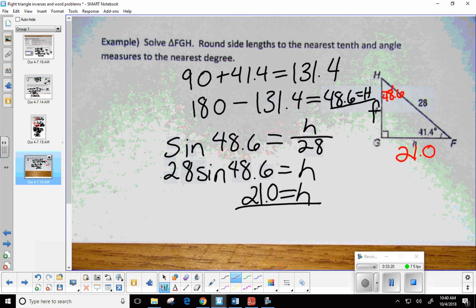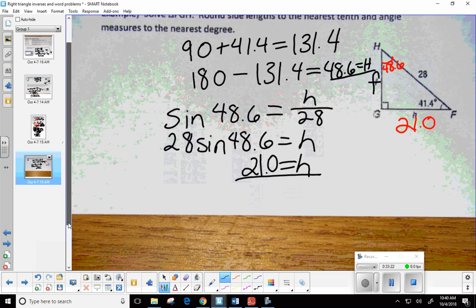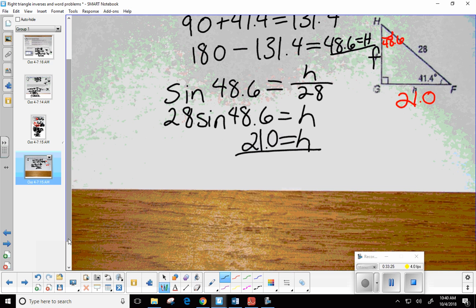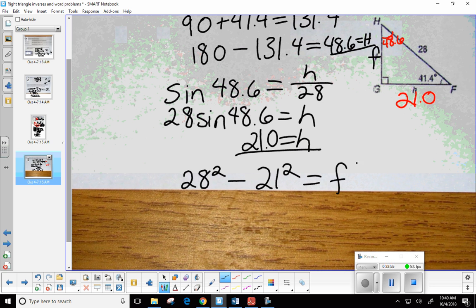And then how am I going to solve for side f? Okay, so how am I going to set that up? Walk me through it. Because this is like a, b, c, so it's a squared plus b squared equals c squared. So it's going to be 28 squared minus 21 squared, because then that's going to equal f squared.